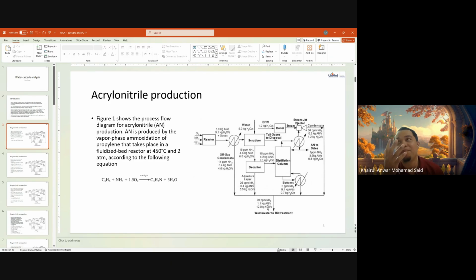So our task is to optimize how to recycle these streams that go to the wastewater, to return back to the scrubber.